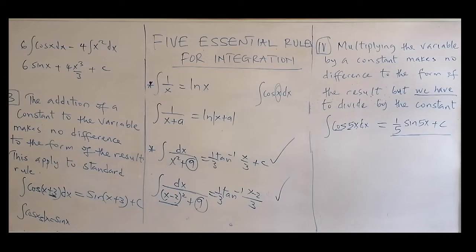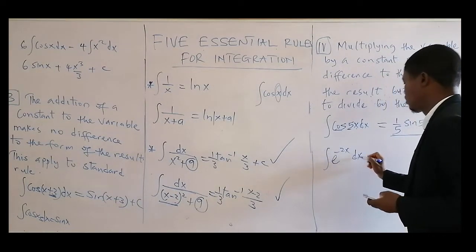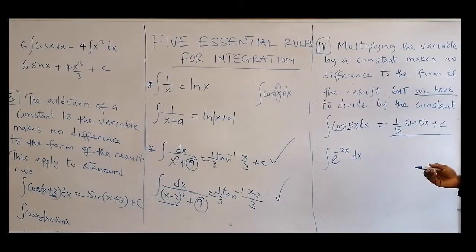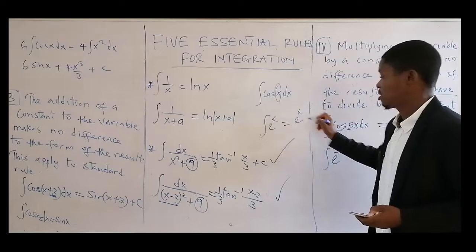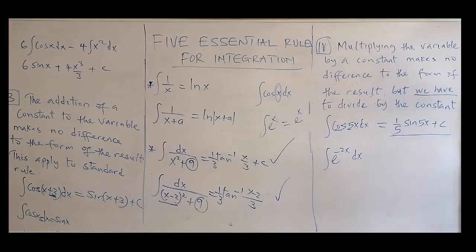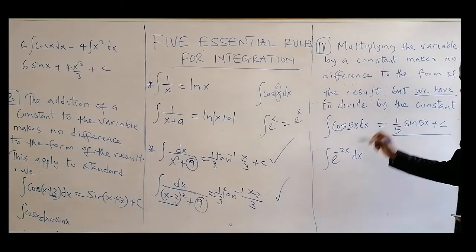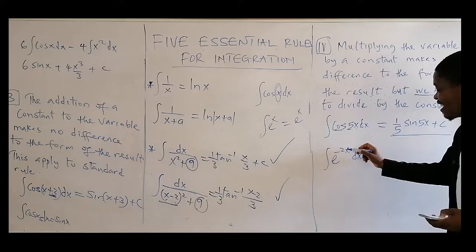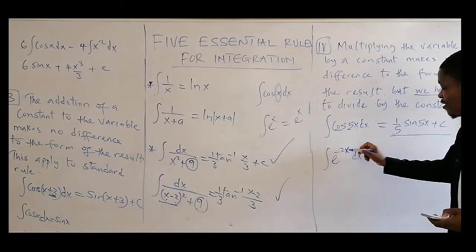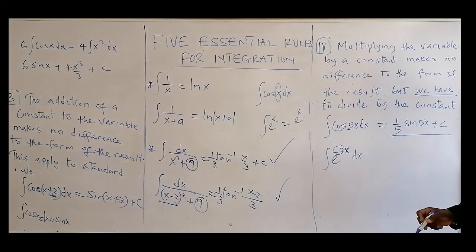Okay, let's see another one. The integral of e to the minus 2x dx. Don't forget, from the table, we are aware that the integral of an exponential is also an exponential. But when you are now multiplying the exponent, look at the variable you have is x, and you're multiplying by minus 2.